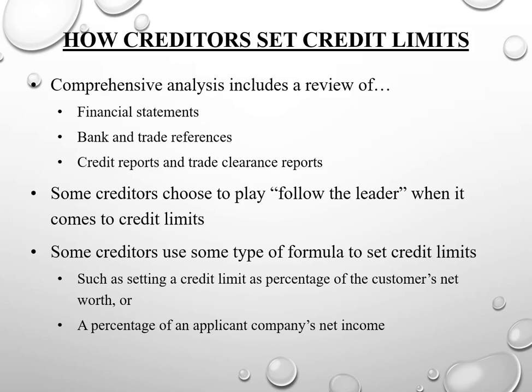But the question that remains open is why that percentage, why that multiplier is relevant to how much credit the customer is owed, is entitled to. And so the dilemma is it's just a formula without any basis in fact as to why that particular multiplier, that 10%, that 5%, or that 25%, using the examples, is the right number to multiply in order to establish an appropriate credit limit.